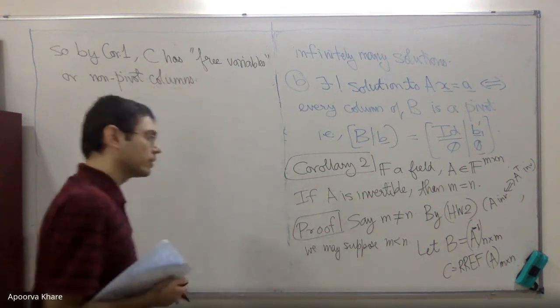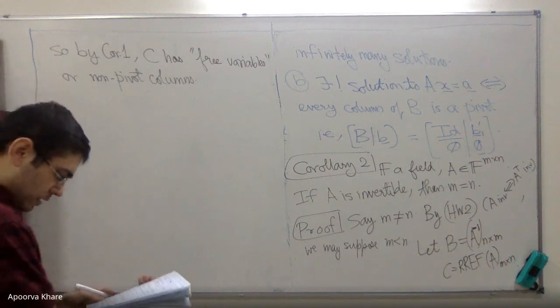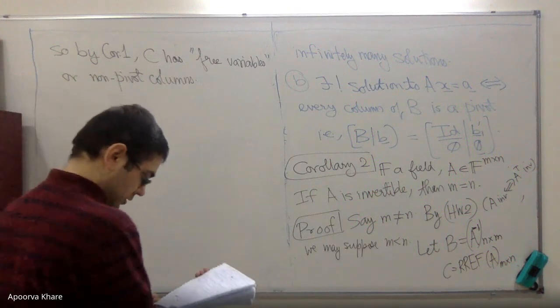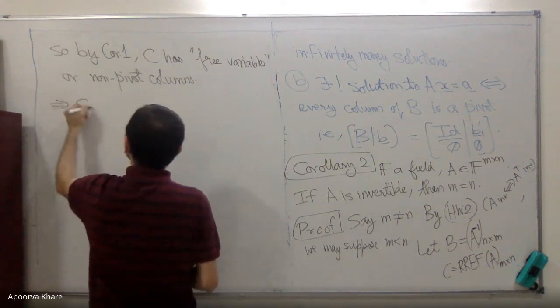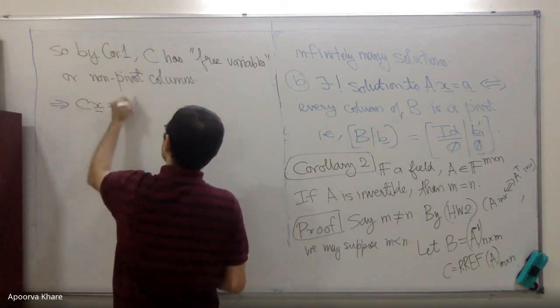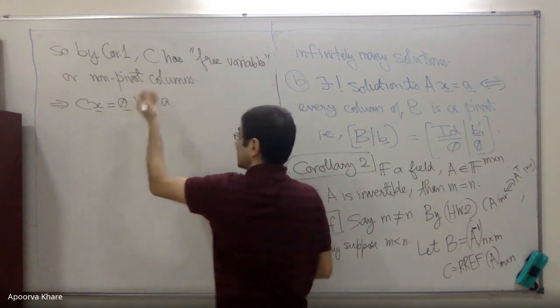So if it has free variables, then CX equals 0 has a non-zero solution, and it has infinitely many solutions.